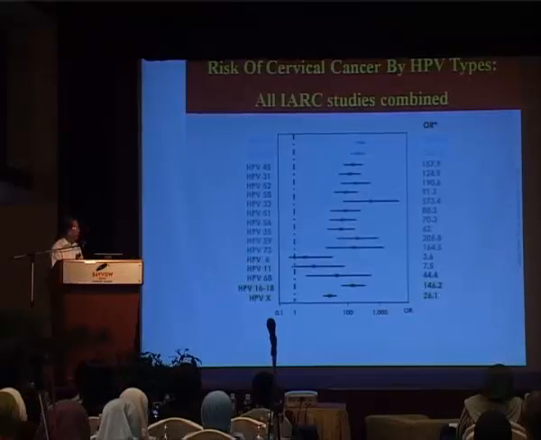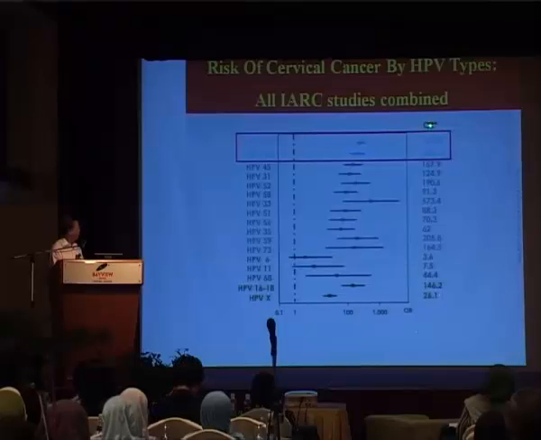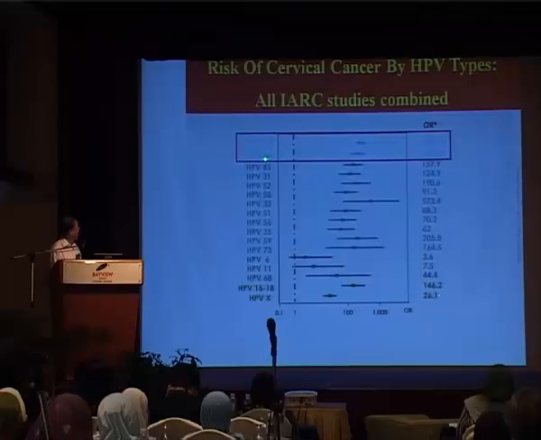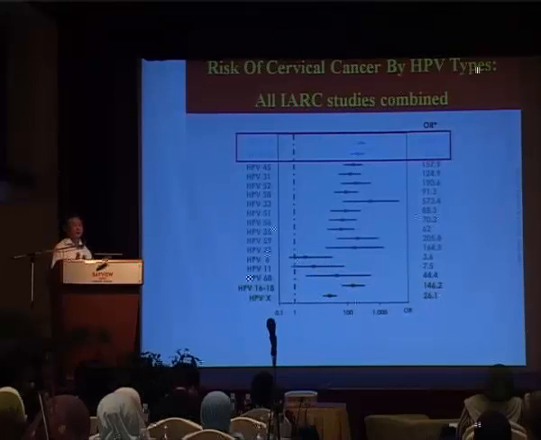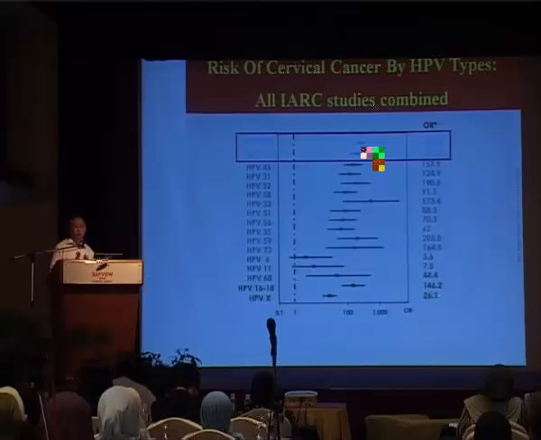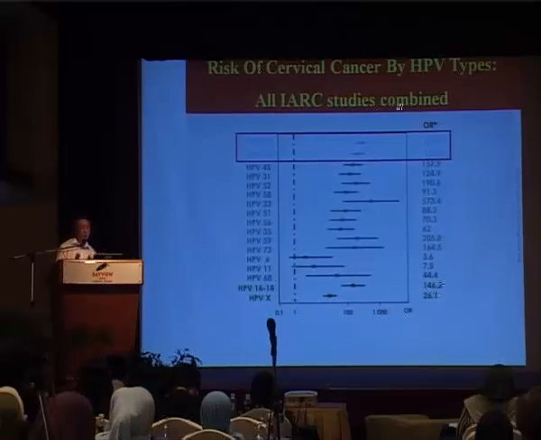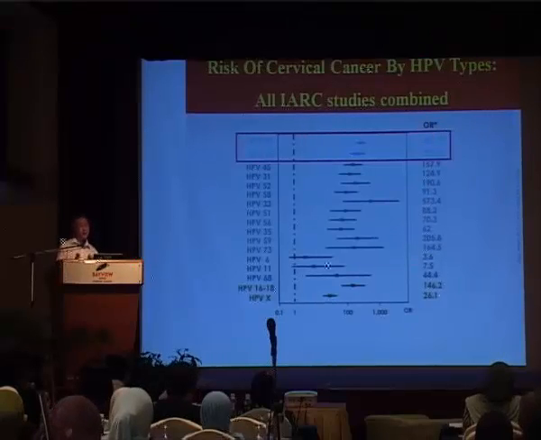Look at epidemiological data, looking at what we call the risk or the odds ratios. Having detectable HPV 16 and 18, for example, increases the risk of having cervical cancer by 280 times. Just to give you a perspective of what this means in terms of the magnitude of the risk, look at what has been well accepted for a long time in cigarette smoking and lung cancers.